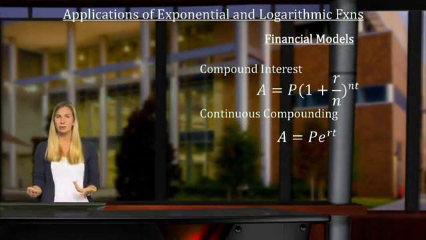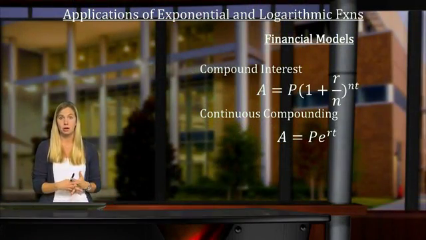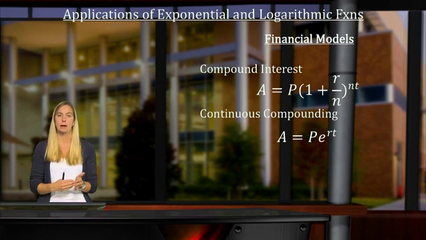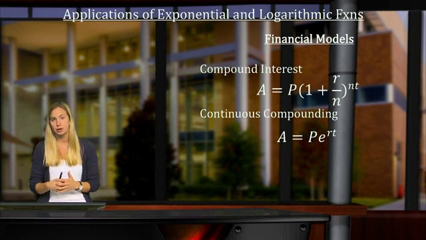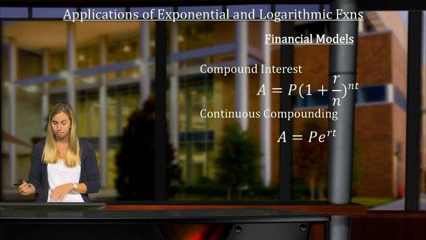At the beginning of the next month, if you still don't make any payments, at the end of that second month, they're going to charge interest again, but it's not just on the initial amount borrowed, it's on the initial amount borrowed plus the interest at the end of the first month. So that's how we start seeing this huge increase in our credit card bill when we don't make any payments on it. So that's our compound interest, and continuous compound is the same type of problem. It's just instead of being compounded a fixed number of times per year, it's always compounding.